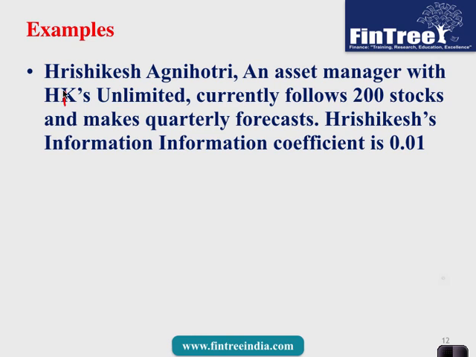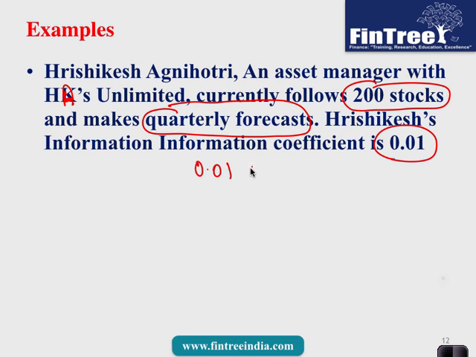Oh, it should have been IC. So 200 stocks, quarterly forecast, information coefficient is 0.01. 0.01 into root of 800, which is 0.28.